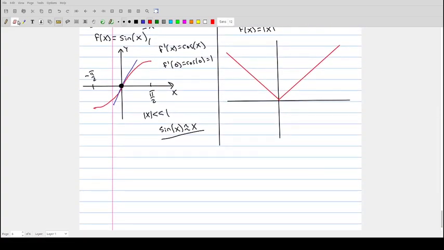And you can show using the limit definition of the derivative that the limit as delta x goes to 0 from the positive side of the absolute value of 0 plus delta x minus the absolute value of 0 over delta x, the same thing as the limit as delta x goes to 0 from the positive side of the absolute value of delta x over delta x, is equal to 1.